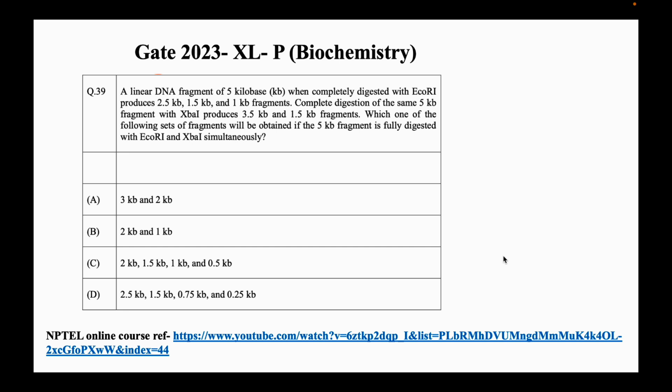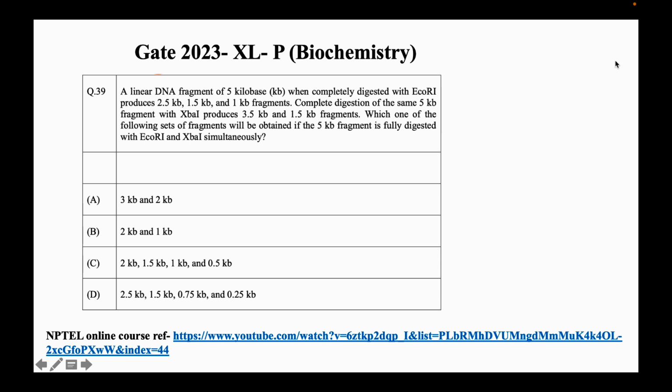A linear DNA fragment of 5 kb when completely digested with EcoR1 produces 2.5 kb, 1.5 kb and 1 kb fragments. Complete digestion of the same 5 kb fragment with XbaI produces 3.5 kb and 1.5 kb fragments.